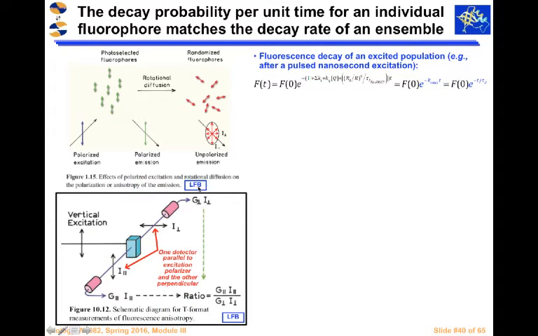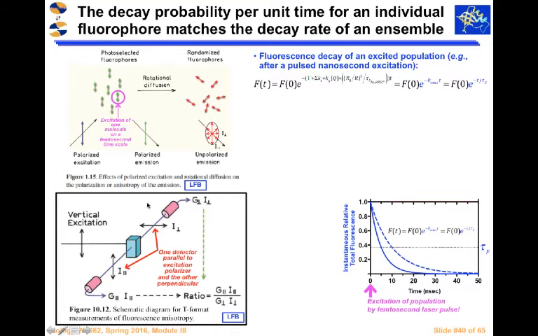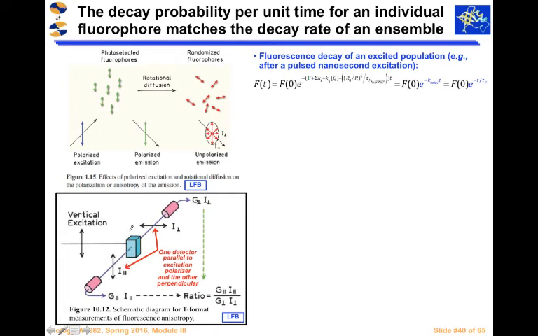All right, so what we're going to do now is consider what happens experimentally, in general, in an experiment. We'll have a sample with a population of fluorophores in a cuvette of some kind.